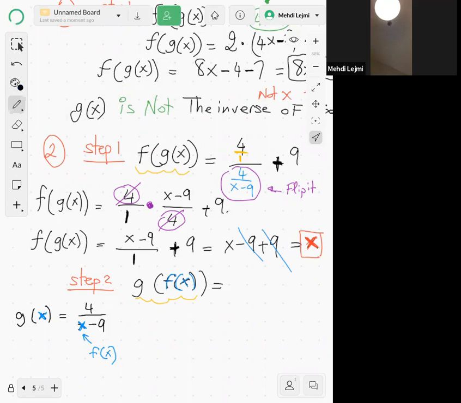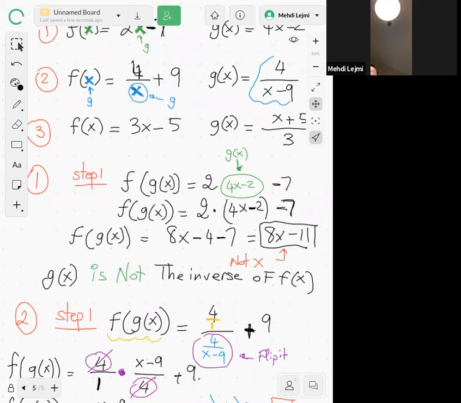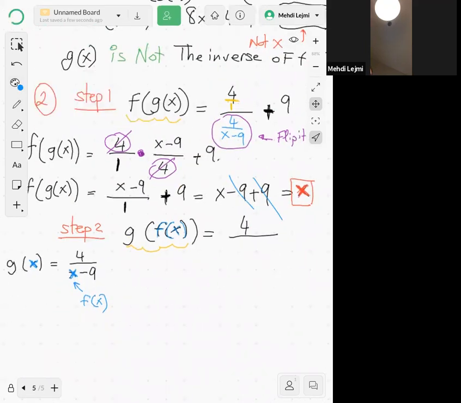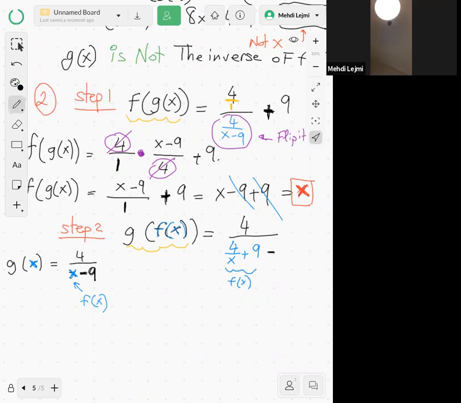So it's now 4 over, so what's f? Let's see what's f. Here's my f, it's 4 over x plus 9. So f is 4 over x plus 9, right? That's my f. And then there is this minus 9, right, in g. So there's a minus 9.